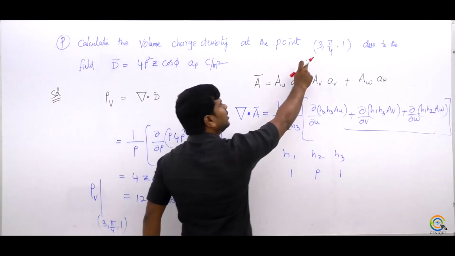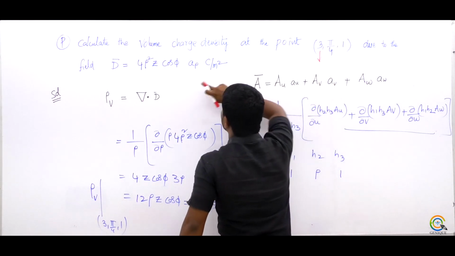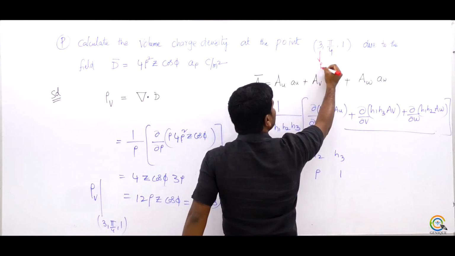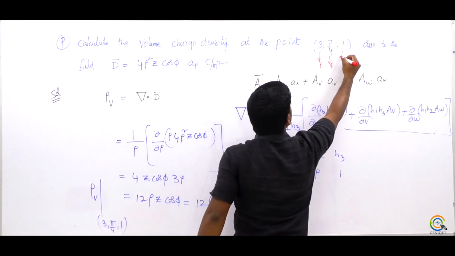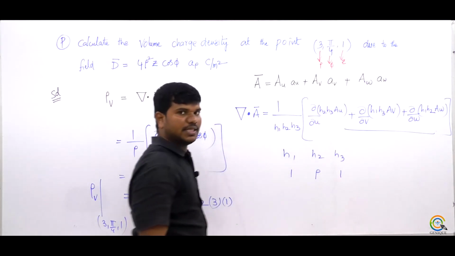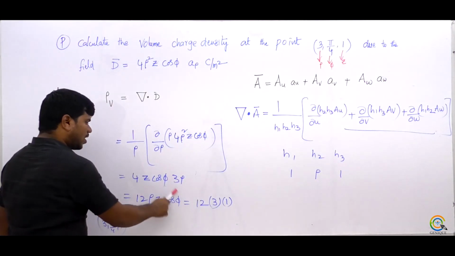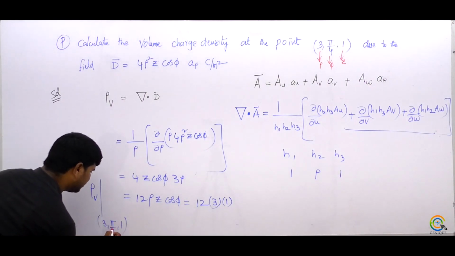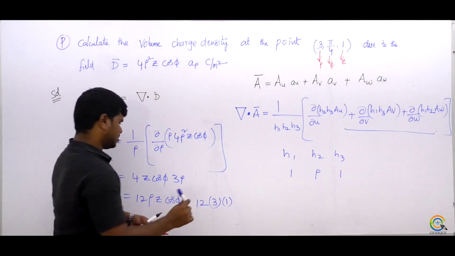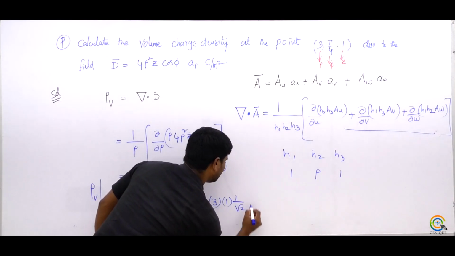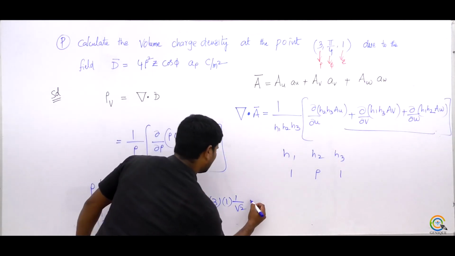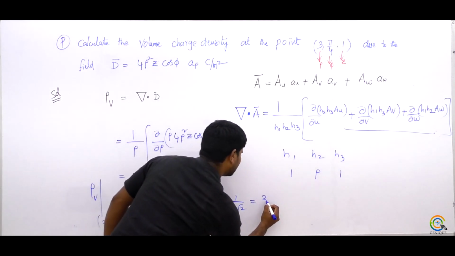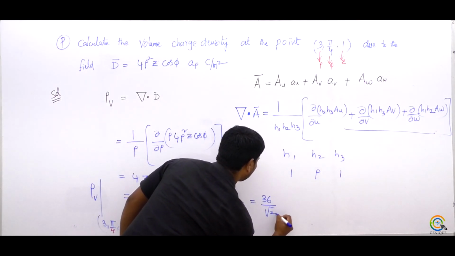You have to identify that, because it is given in the cylindrical coordinate system, it is rho, phi and z. The cos of pi by 4 is 1 by root 2. So here you get 36 divided by root 2.